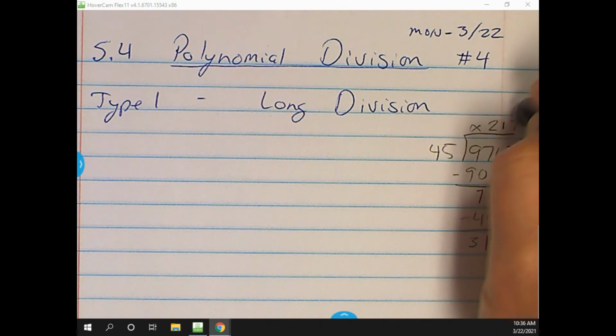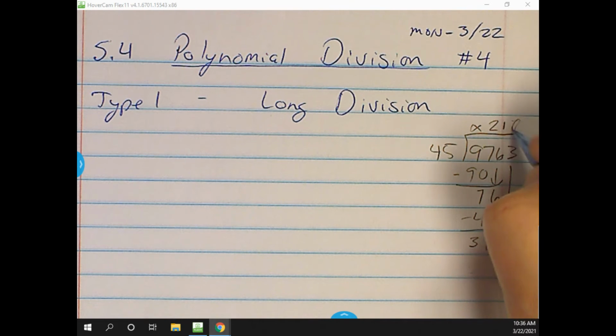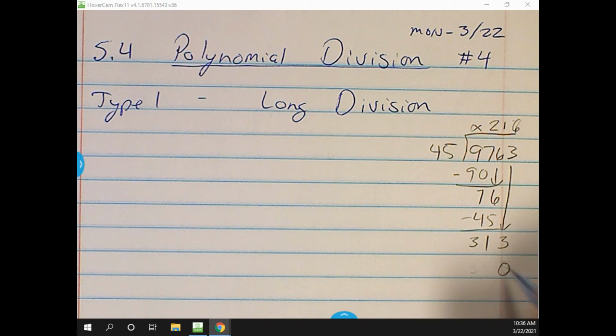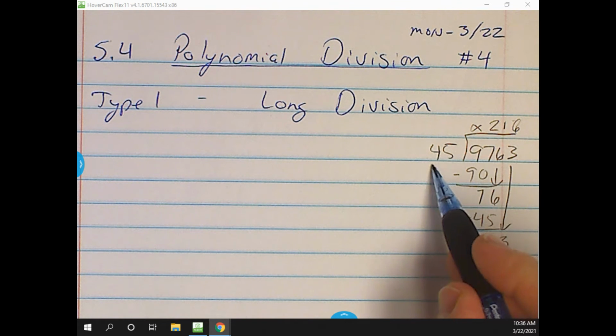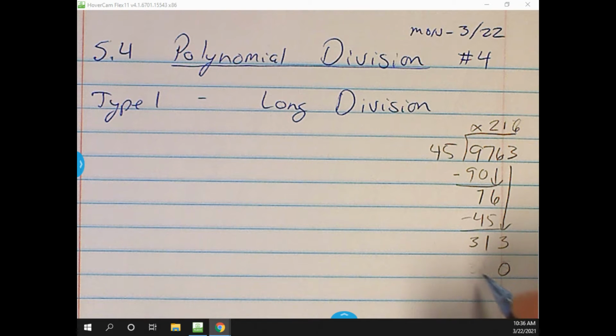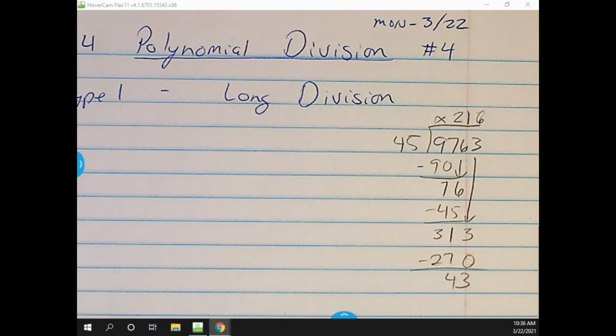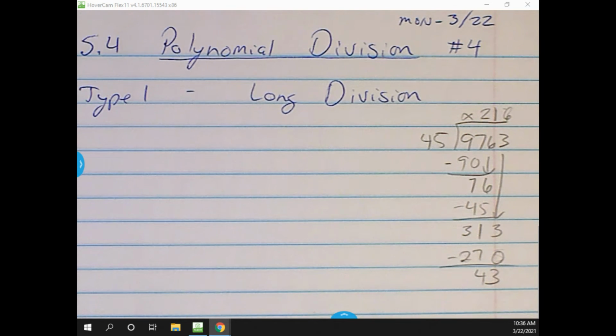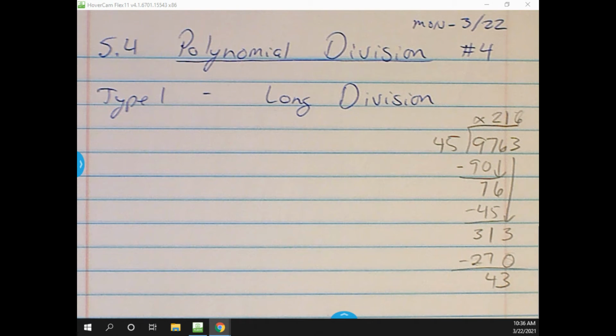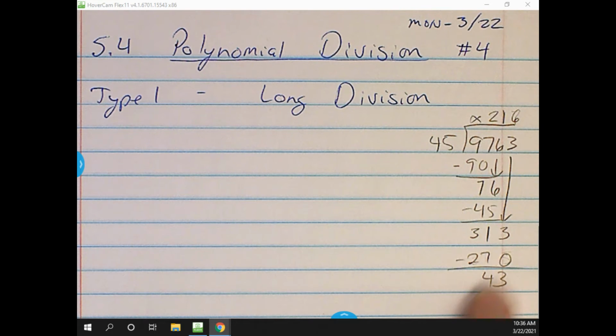So we dial it back to a 6. 6 times 5 is 30. 6 times 4 is 24, add the 3 from the 30, that'd be 270. And you subtract to get 43. That was the old way of doing long division with numbers. When we do long division with polynomials, it's going to go along that same route, so that's the thought process we go through.